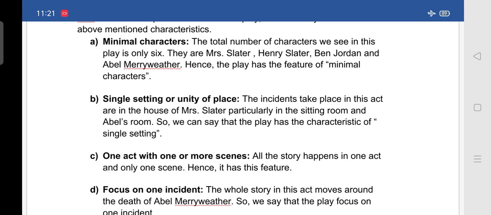B. Single setting or unity of place. The incidents that take place in this act are in the house of Mrs. Slater, particularly in the sitting room and Abel's room.